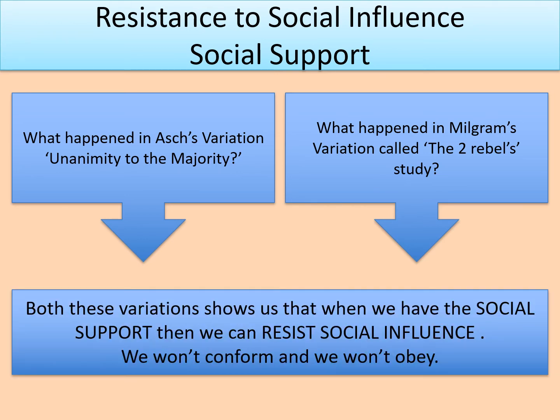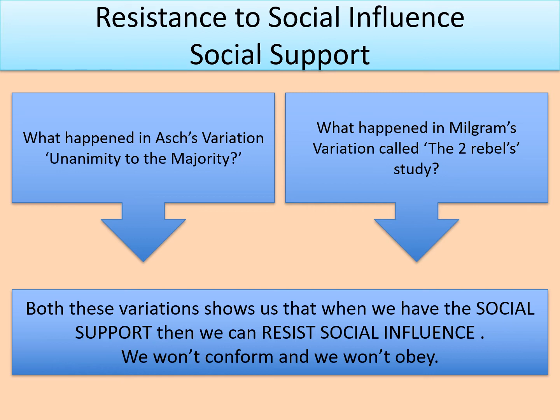Hopefully you've identified that in the Asch variation called unanimity of the majority, when there was a lone dissenter, somebody that went against the majority, that gave the participant the psychological power to resist the urge to conform. If the lone dissenter gave the correct answer, conformity dropped to 5.5%.